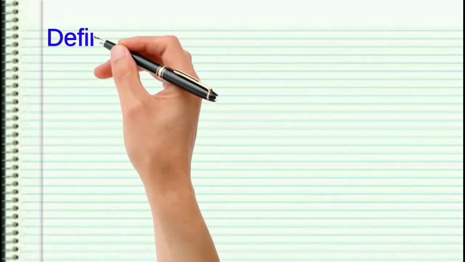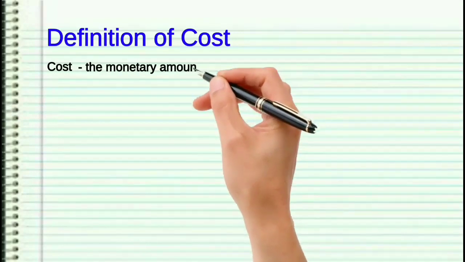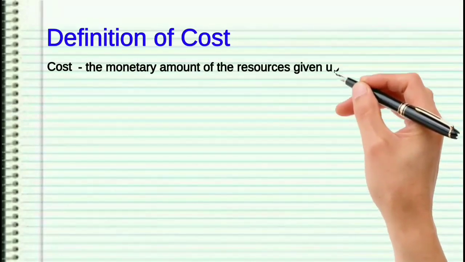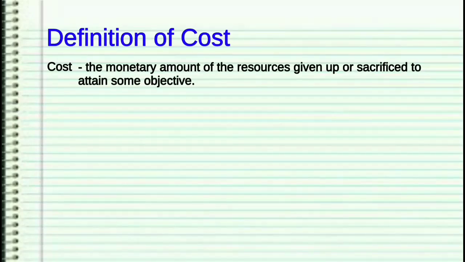Okay, let's start. In order for us to understand what cost is all about, we must first define it. Cost is actually the monetary amount of the resources given up or sacrificed to attain some objective.